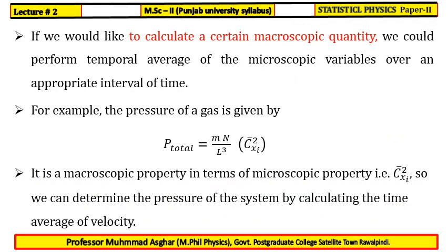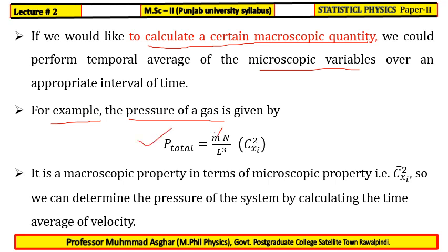Now how is this phase line helpful to calculate a certain macroscopic quantity? For example, taking the averages of the microscopic variables, how can we find the macroscopic properties? For example, we consider the pressure of an ideal gas, which is calculated using this formula.